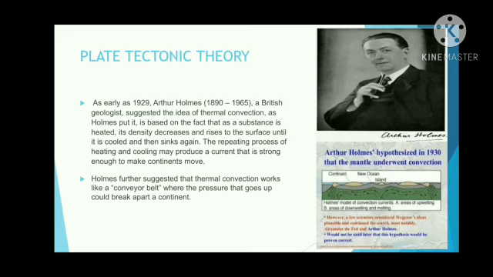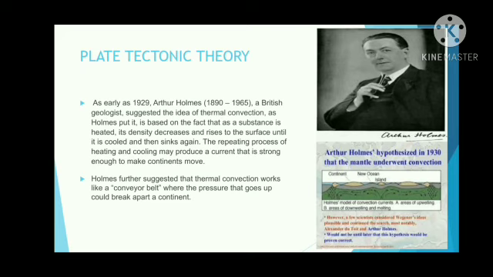As early as 1929, Arthur Holmes, a British geologist, suggested the idea of thermal convection. As Holmes put it, based on the fact that as a substance is heated, its density decreases and it rises to the surface until it is cooled and then sinks again.